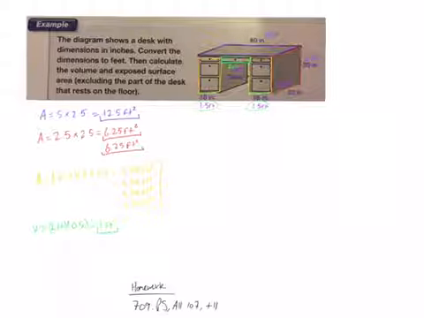Okay, now I'd like to say we're finished, but we're not quite. We still have a few more. Notice inside here we have this exposed square or rectangle, right? Its length here is 2 feet, and its height is 2 feet, and its width, this one is 2.5 feet.